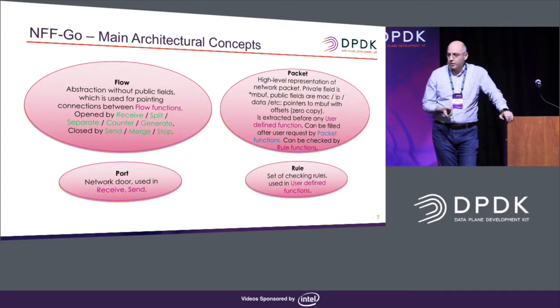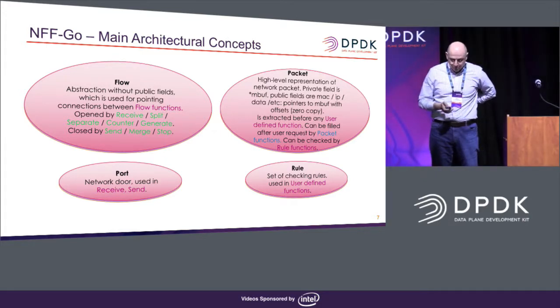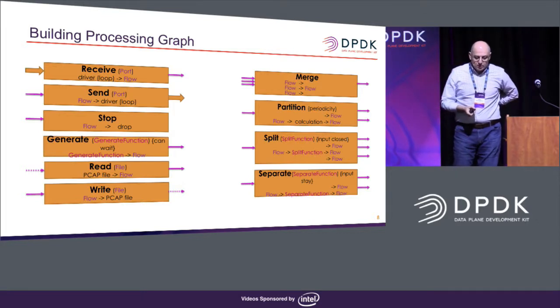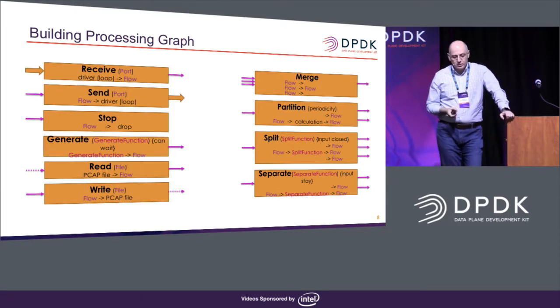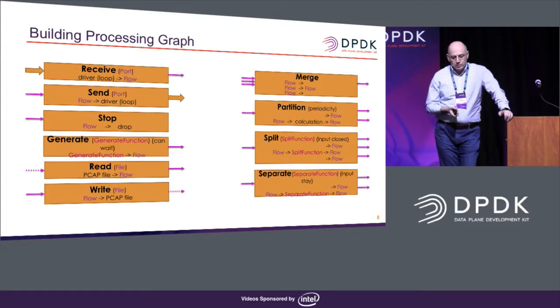There is a set of abstractions called rules, which provides you effective ways to deal with the packets in your user-defined packet processing functions. These are the standard functions which allow you to create your packet processing graph. There's send and receive, which attach to ports and actually act as an input to your flow graph and output.